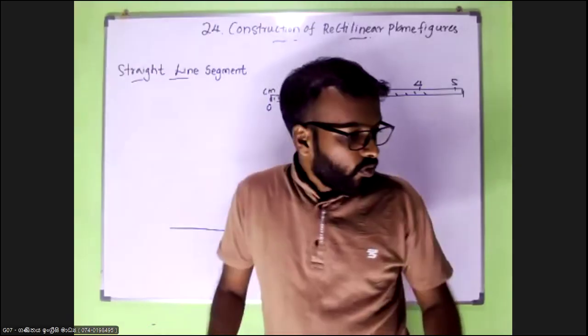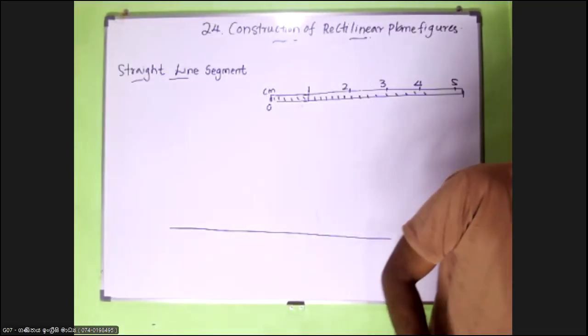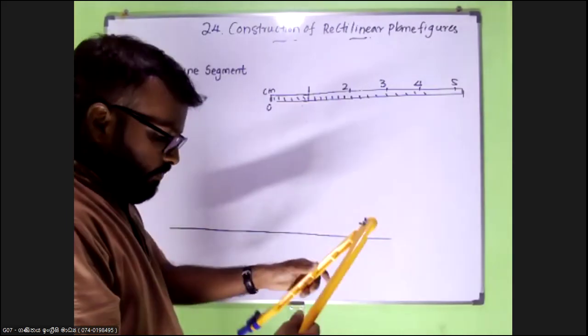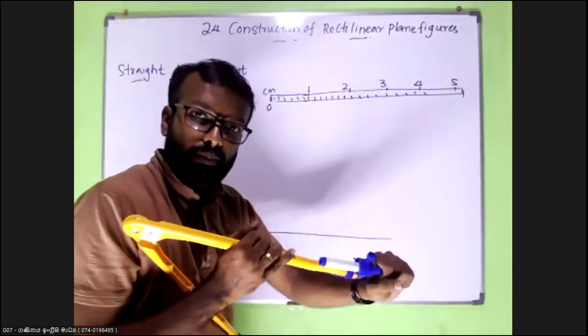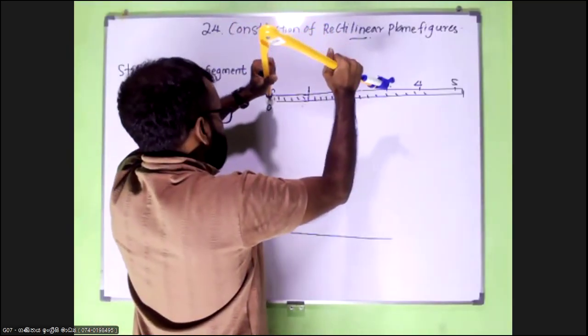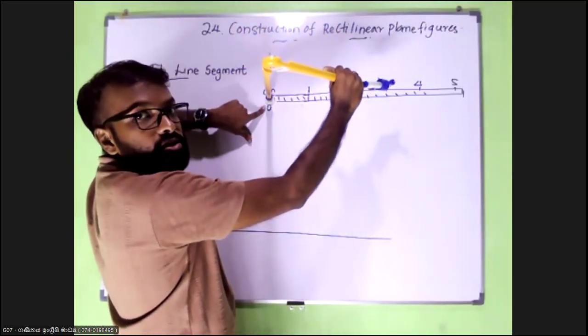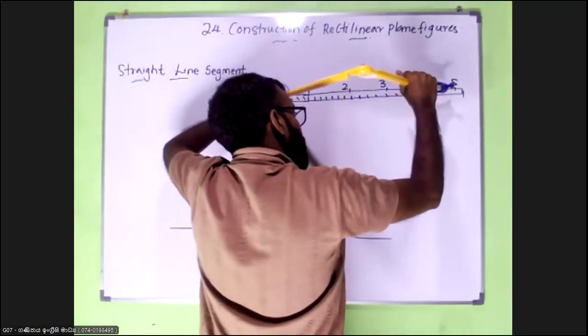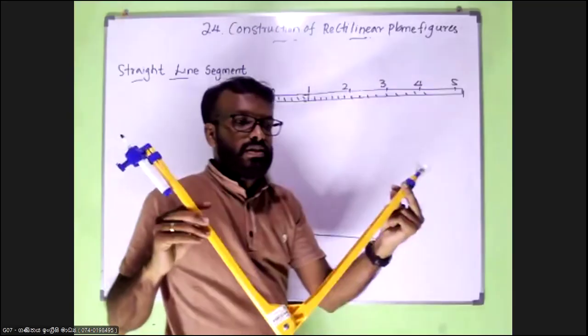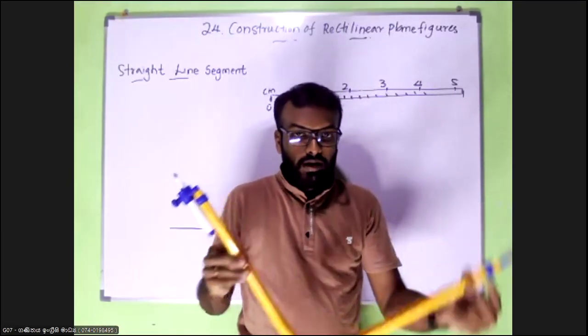What is the length? 5 centimeters. My ruler shows 5 centimeters. So I am going to take my compass, place the point of the compass at 0 and take my length as 5 like this. Now this is 5 centimeters long.